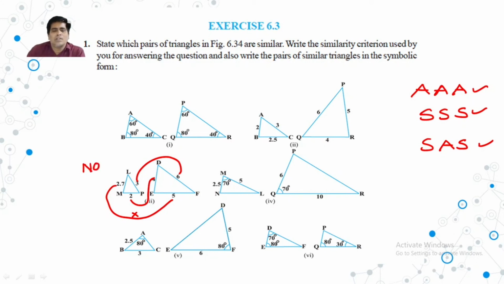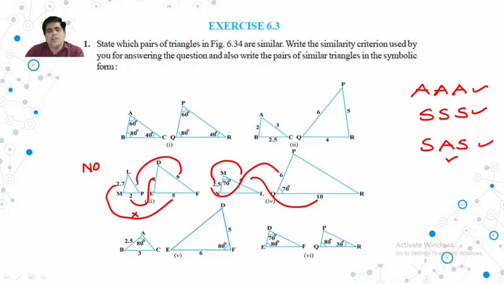What about the fourth one? Here it is in between two sides. He has given the included angle 70. Here 5 becomes 10 and 2.5 becomes 6, and the angle is 70. So the included angle is equal. It's okay.